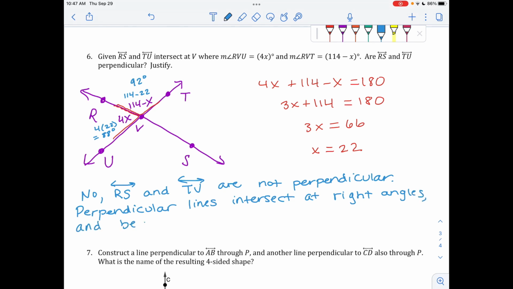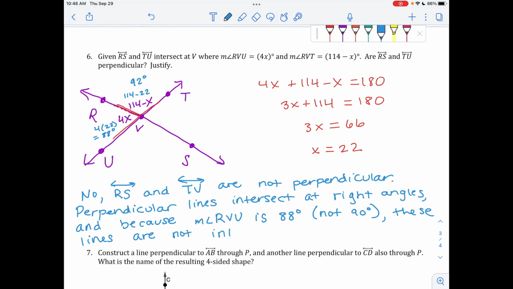And because the measure of angle RVU is 88 degrees, not 90, these lines are not intersecting at right angles. So this is my reasoning.